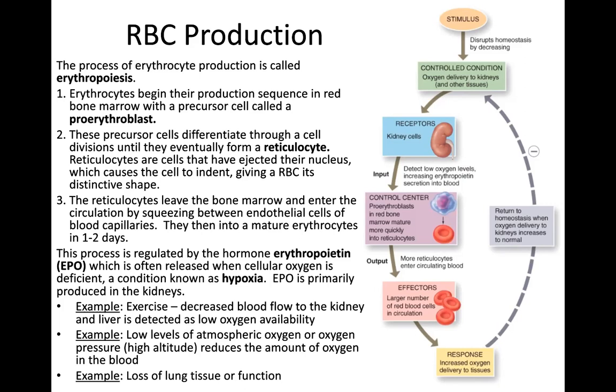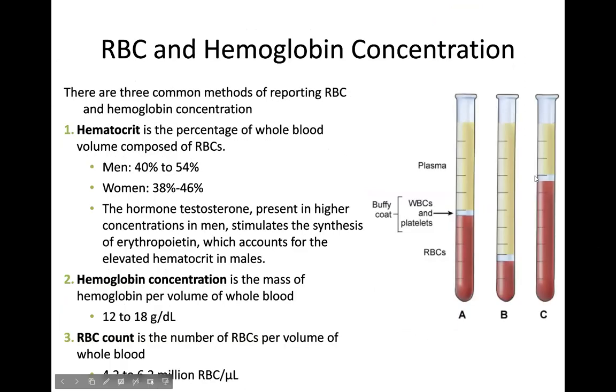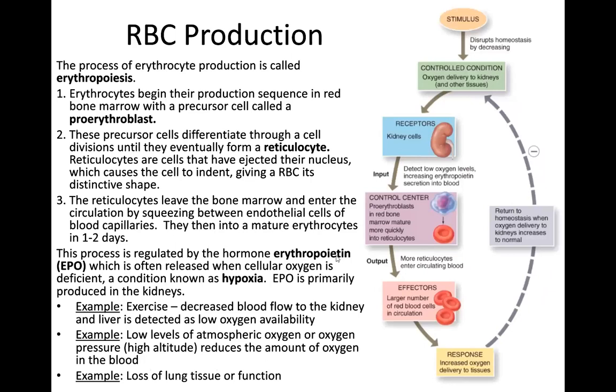Okay. Now I mentioned that people can experience this letter C here called polycythemia because of blood doping. You can actually get your hands on synthetic erythropoietin, and that's going to essentially do the same thing, where you don't have to take the blood out of the body. You can just trigger the production of more red blood cells, and therefore end up with more ability to carry oxygen to your working skeletal muscles.